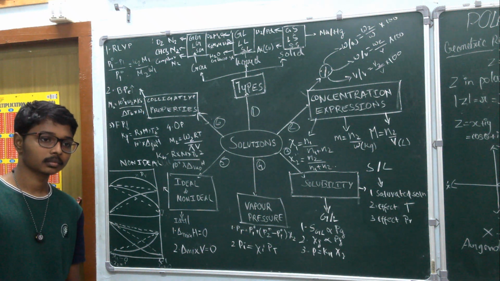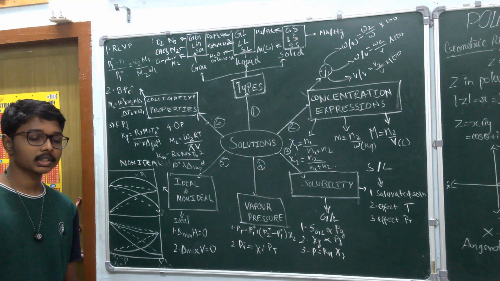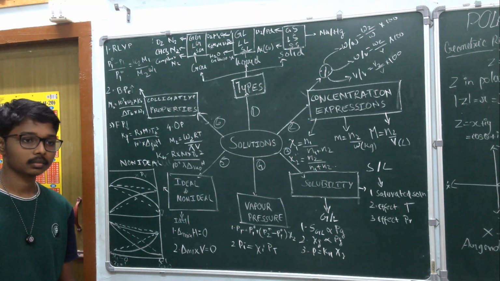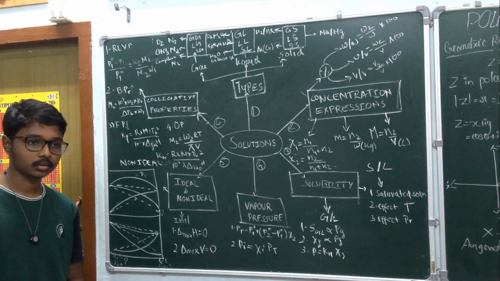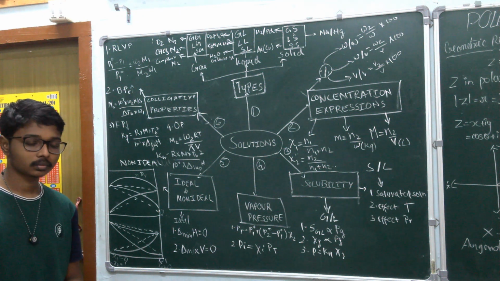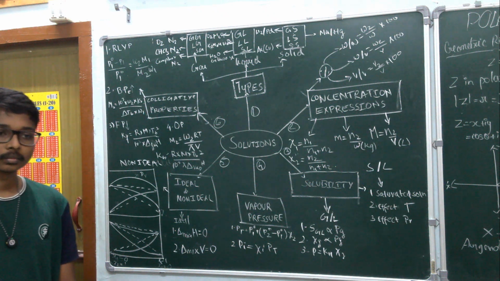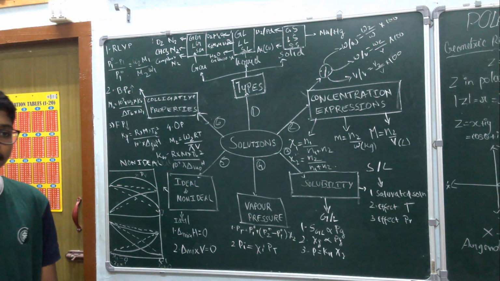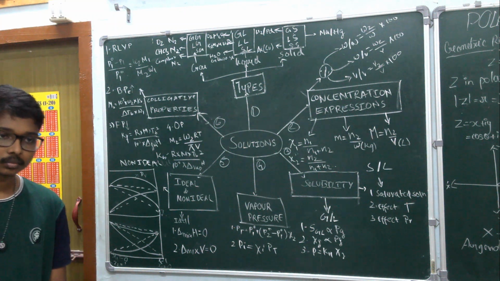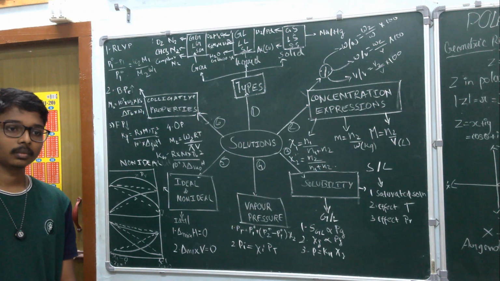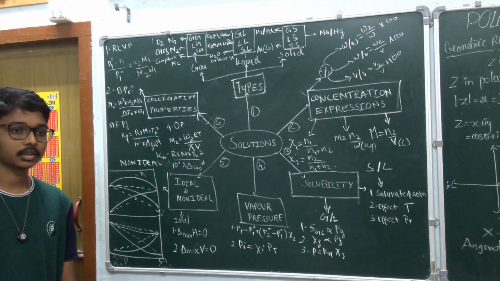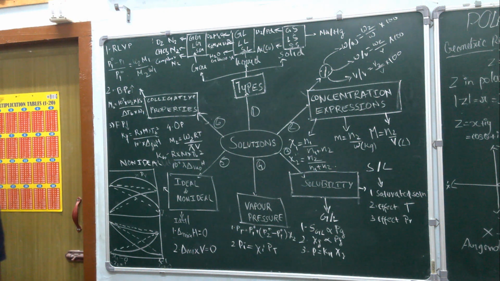Internal energy is a function of temperature and volume, while enthalpy is a function of temperature and pressure. So when you calculate heat changes at constant pressure, it is called enthalpy. When you calculate at constant volume, it is internal energy. So we are more focused on enthalpy here.